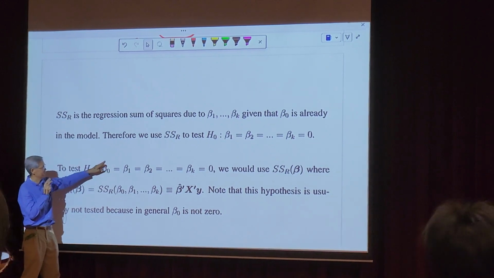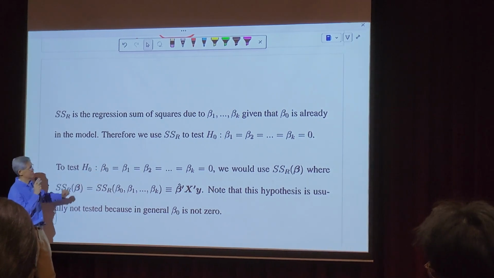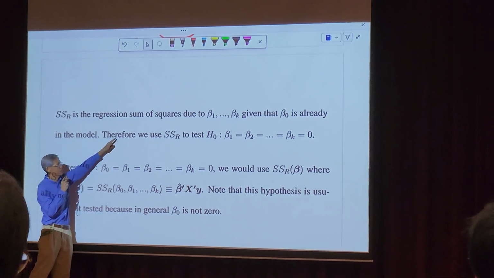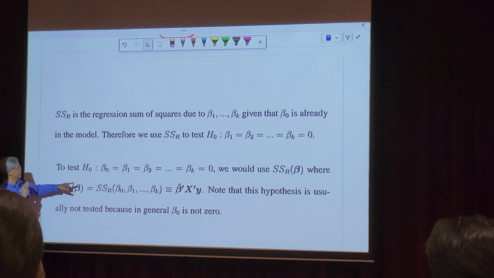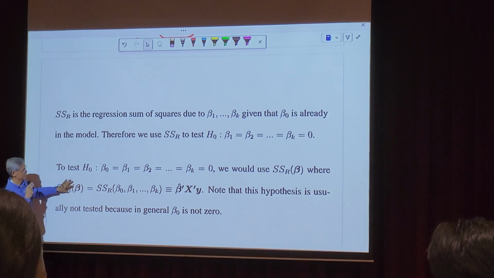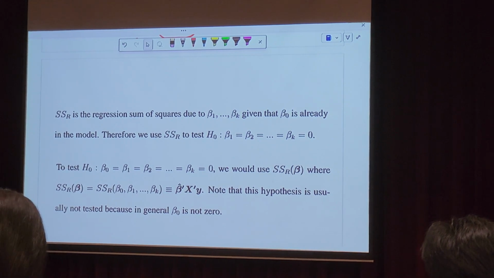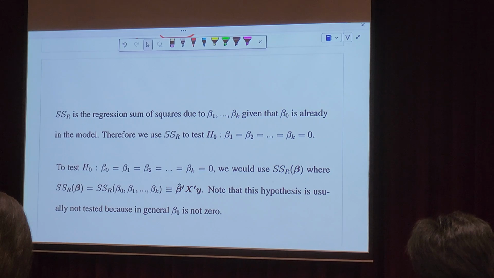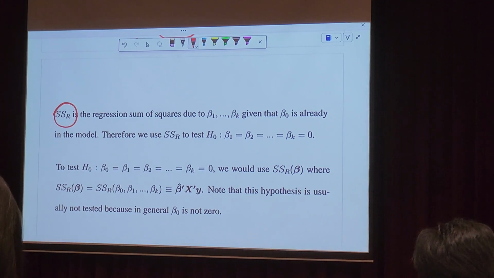If you don't understand multiple linear regression, you might want to test this. If you understand multiple linear regression, you test it here, so you will use this one. SSR is really the one that we want. You need to account for beta naught.